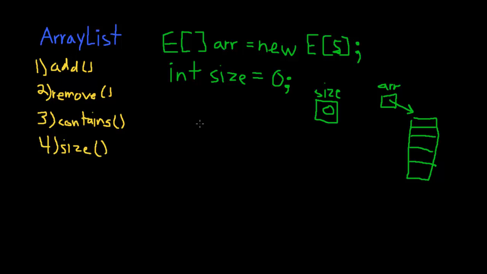So add, in general, by practice, usually people put 2 add methods. Usually it'll be one that takes some object of type E, whatever E is that I specify when I create my data structure. It'll take that in, and then it'll add it to the end of the list.